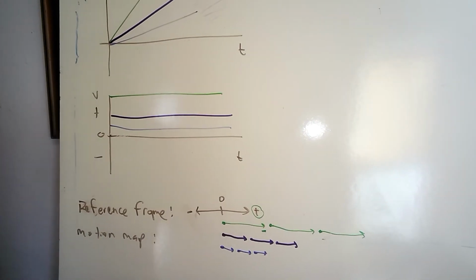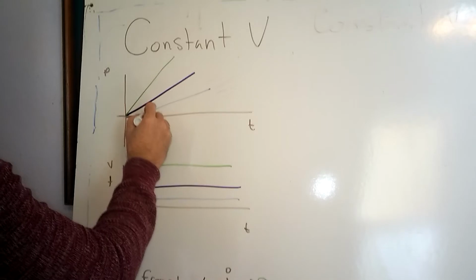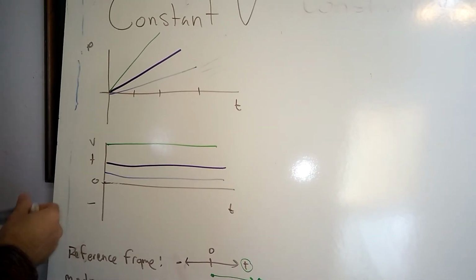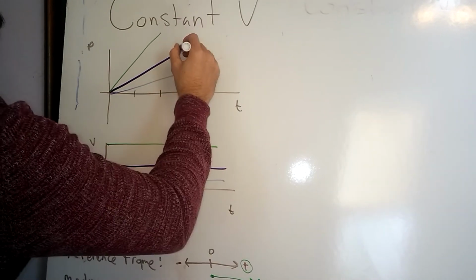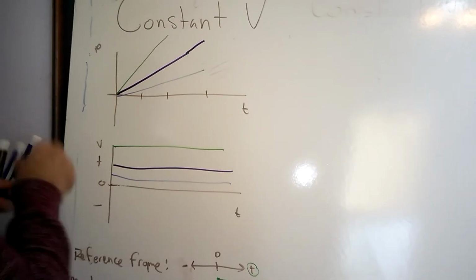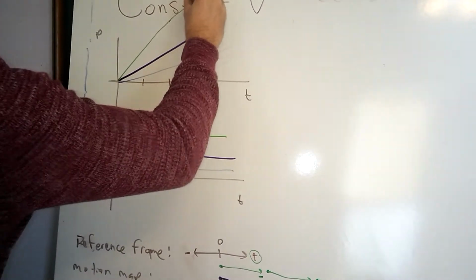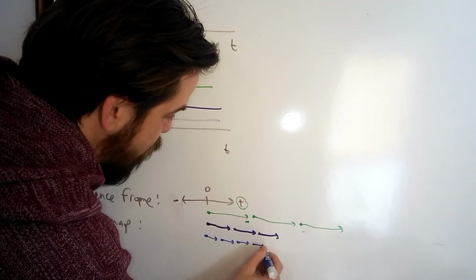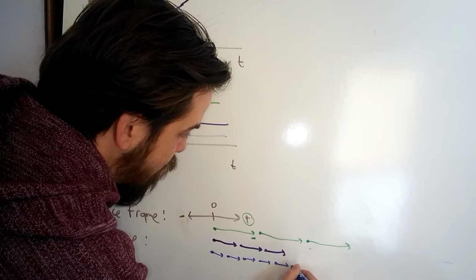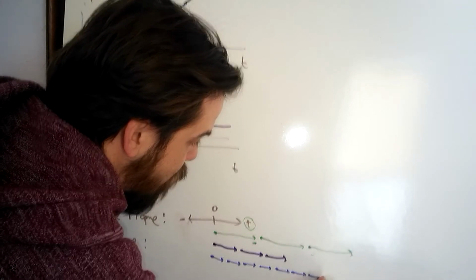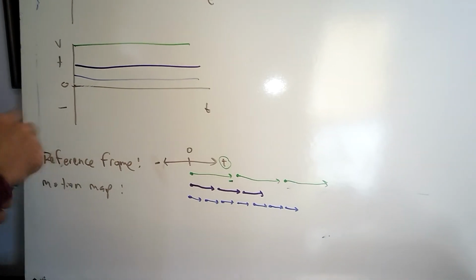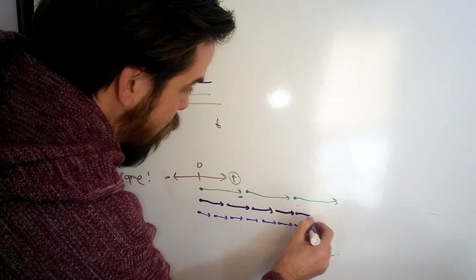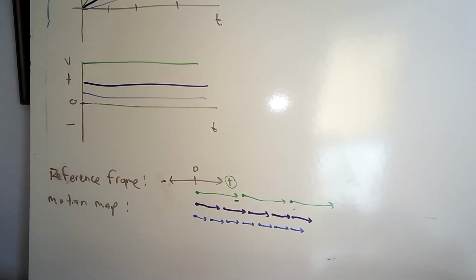But in each of these cases, if they travel the same amount of total distance, I need to show that on my motion map by having them end at the same position. And remember, your dot is showing your position, not the end of the arrow or vector.